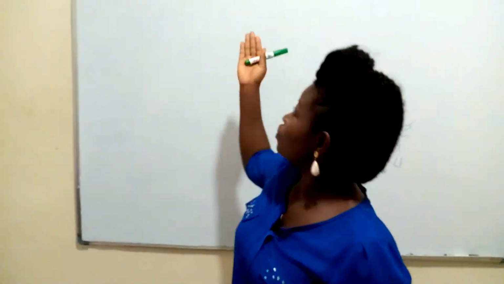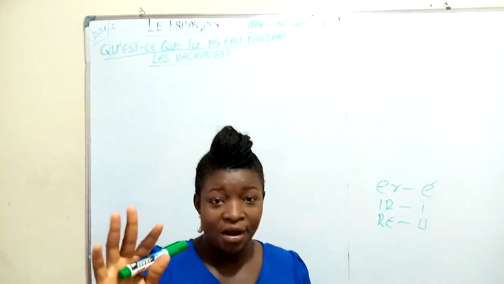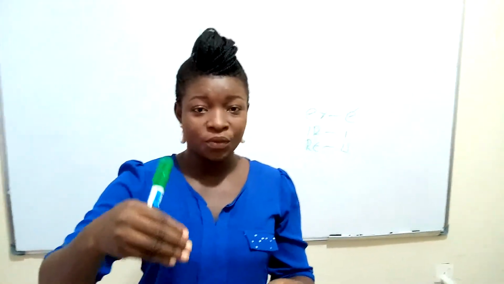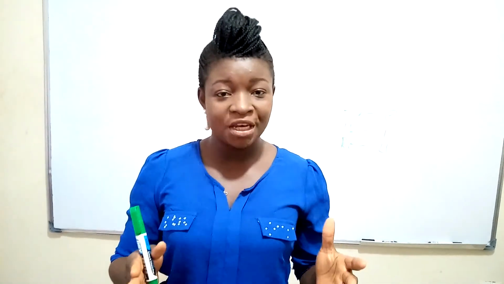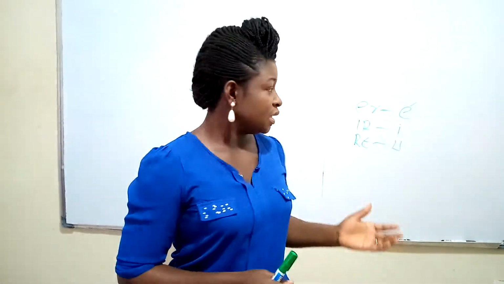Okay, so you have seen what we have been discussing about passé composé just in this topic. Qu'est-ce que tu as fait pendant les vacances? So, not minding the topic, you have seen what they really want you to know about this topic, talking about the past tense. So now you've been able to know these verbs that have être as their auxiliary verbs, and the other group of verbs that have avoir as their auxiliary verb, and also the endings of this group of verbs that have their participle passé differently.